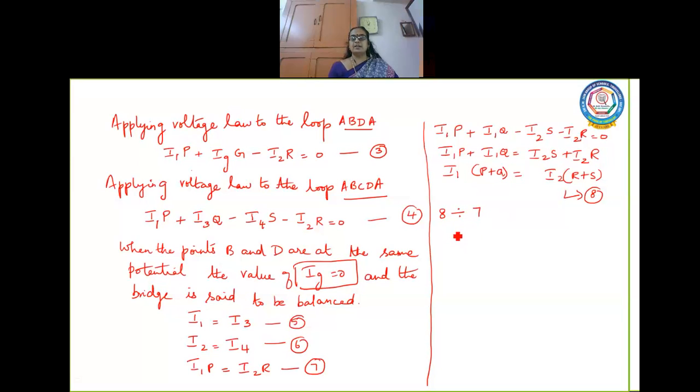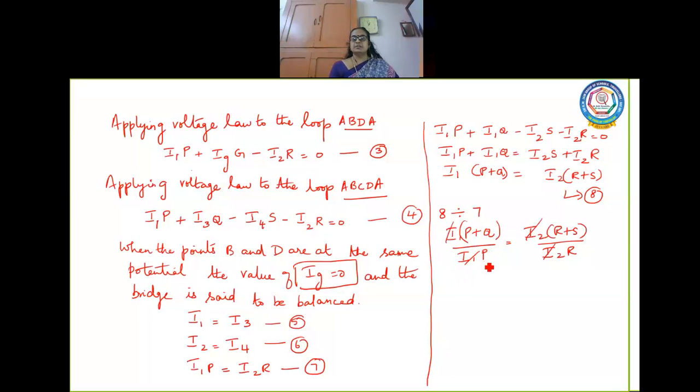Okay, so I have I1 (P plus Q) by I1 P equal to I2 (R plus S) by I2 R. So I1 and I2 get cancelled.